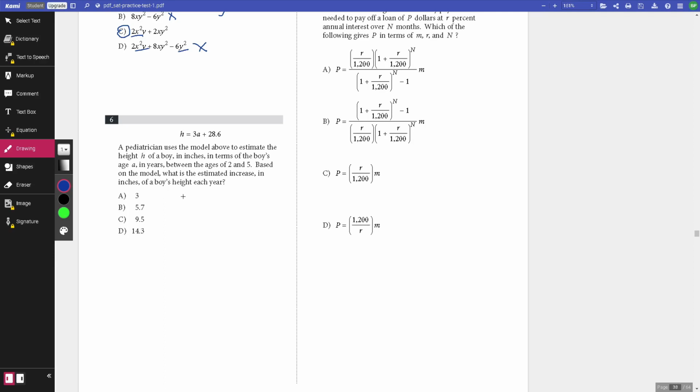So this is a y equals mx plus b problem. So b is, like I said before, the starting point. So that means this is the rate, this is how much it increases or decreases by. And this is what is the estimated increase per year. And x here will be years. So m is the increase. And so this is m, so it's 3.